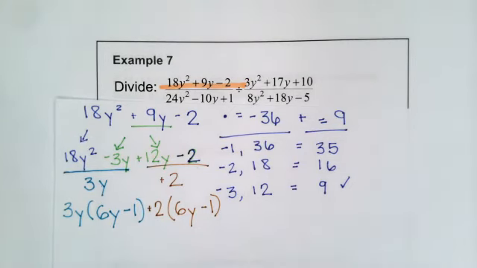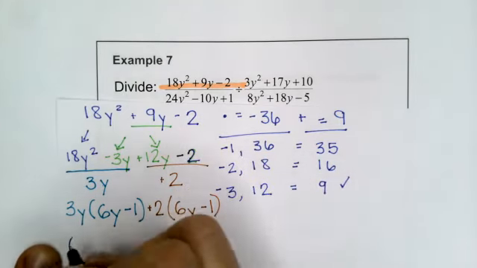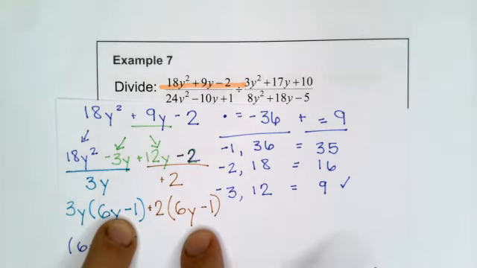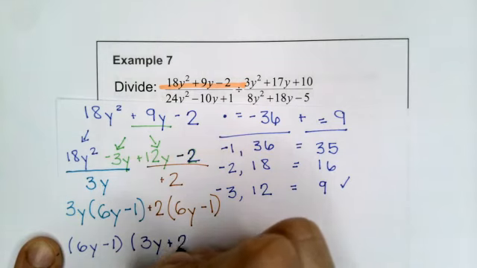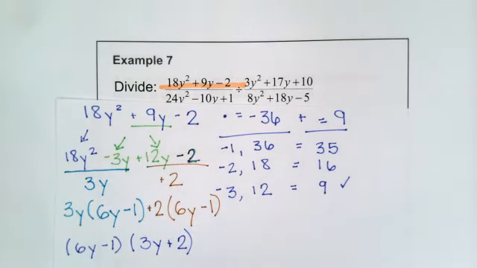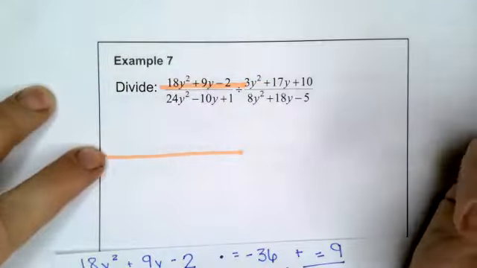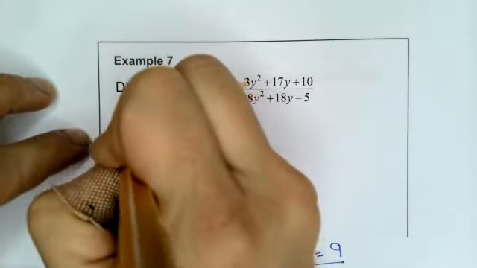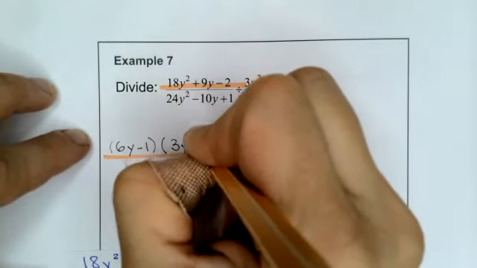So when we come back, all the way back from 18y squared plus 9y minus 2, we get the factored out 6y minus 1, because they're the same, times 3y plus 2. Okay, so all of that to say that 18y squared plus 9y minus 2 becomes 6y minus 1 times 3y plus 2.